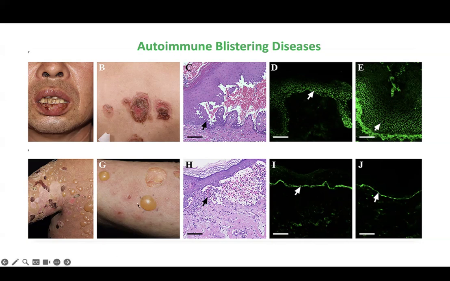And you can see in the pathology that the whole epidermis is separated from the dermis, not inside the epidermis, in the picture in the middle. And this is the immunofluorescence pattern. You can see the basement membrane zone has the fluorescence, and it's usually of IgG and complement C3.